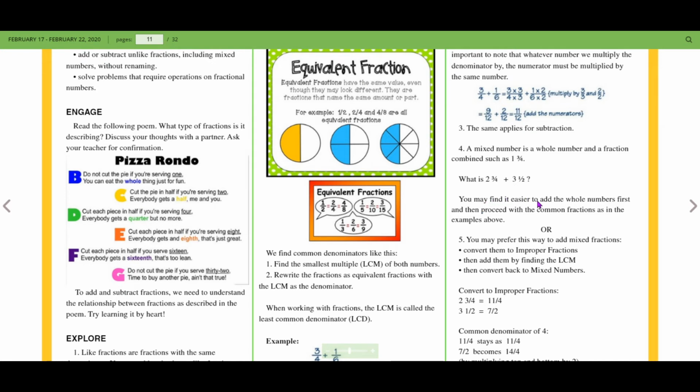You may find it easy to add the whole numbers first and then proceed with the common fractions as in the examples above. Or you may prefer this way, to add mixed fractions, convert them to improper fractions, then add them by finding the LCM, then convert back to mixed numbers.